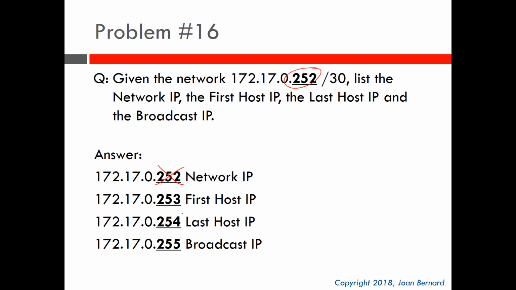I'm just counting sequentially. 255 becomes my broadcast, and these are my host IPs. So I only have 2 usable host IPs in that entire network. So in this case, one router would get 172.17.0.253, and the other router would get 172.17.0.254.